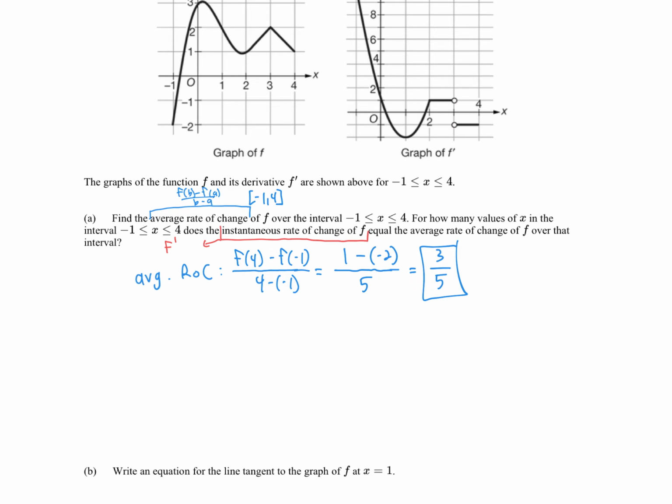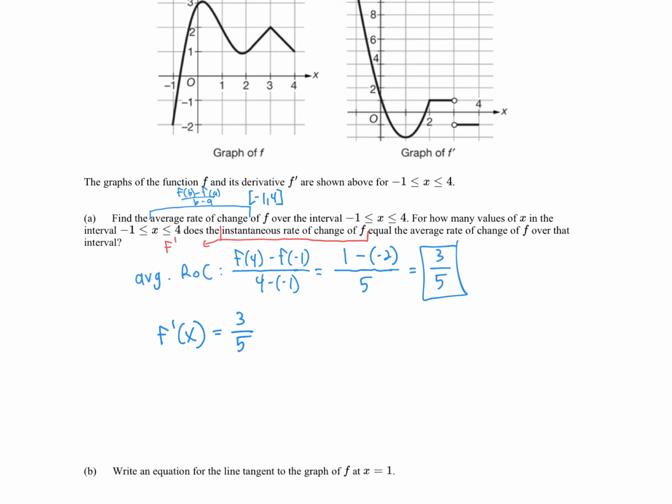So now they want to know when does the instantaneous rate of change equal the average rate of change of f over that interval. We already found the average rate of change, so that's 3/5. So we want to know when does f prime equal 3/5.